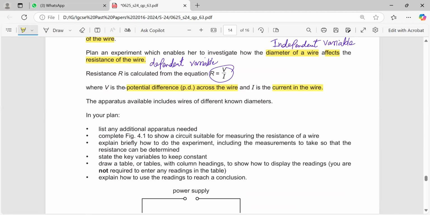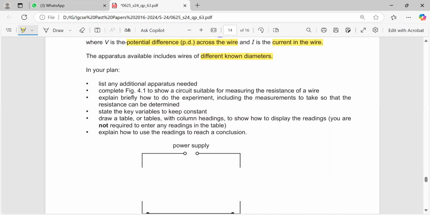The apparatus available includes wires of different known diameters. So you don't need to use the diameter in your workings or explanations. It is already known diameter wire. In your plan, list any additional apparatus needed. Complete the figure to show a circuit suitable for measuring the resistance of the wire.